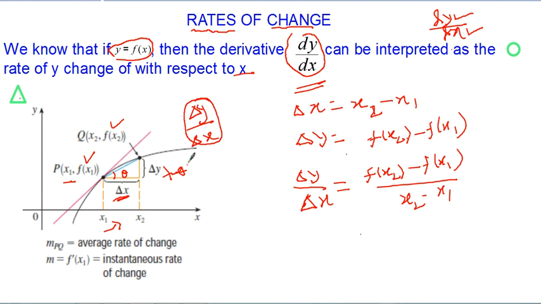Tan theta equals del y upon del x, so it can be interpreted as the slope of the secant line, del y by del x.